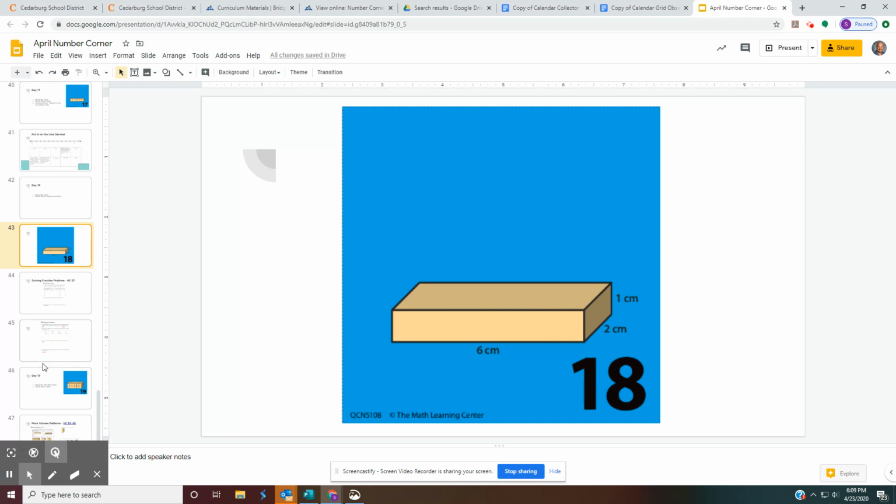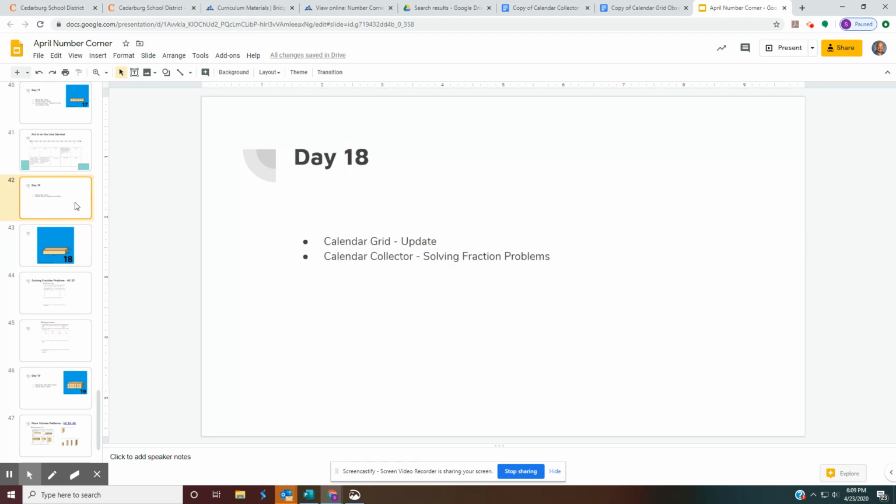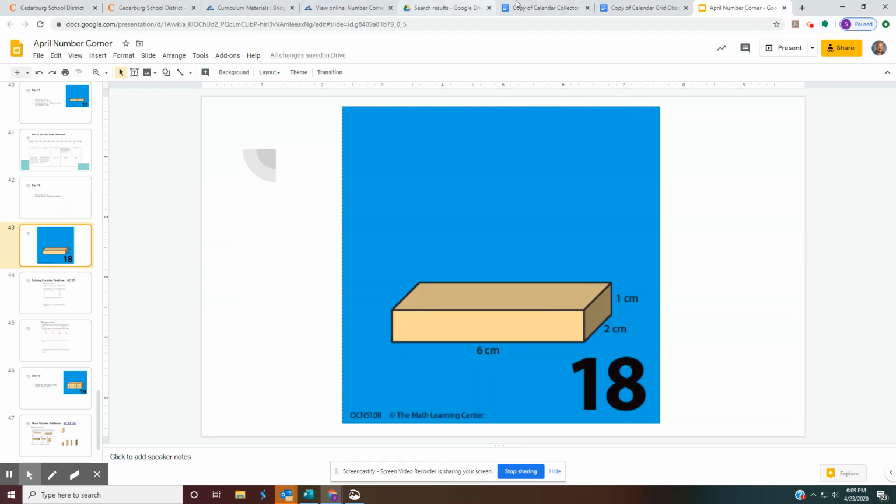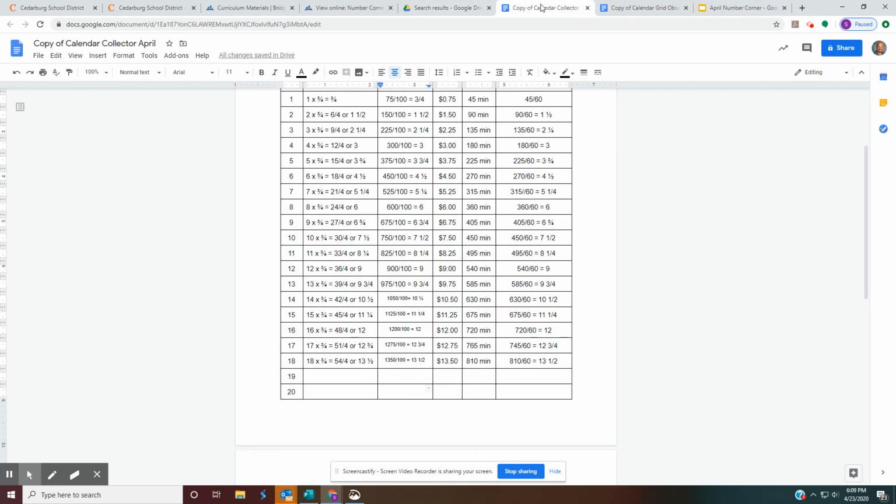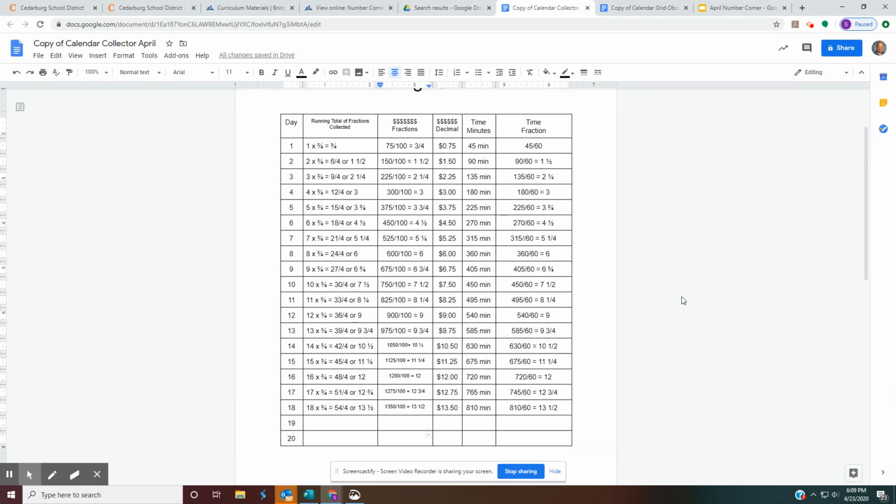Okay, so now let's go ahead and move on. First things first, I want to take a look at your calendar collector. So make sure that you have your calendar collector all set up and open. If you have an electronic version, go ahead and look at your electronic version, compare your answers to my answers, and pause the video, make changes where you need to make changes.